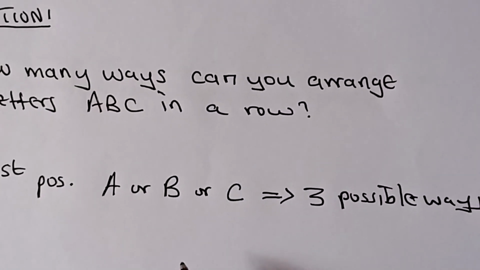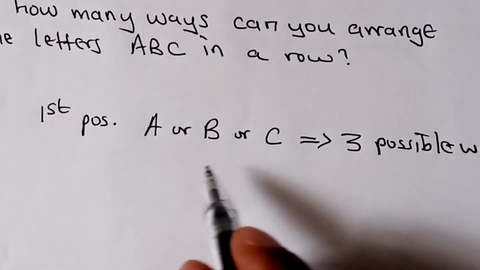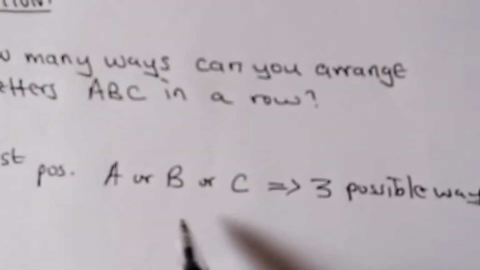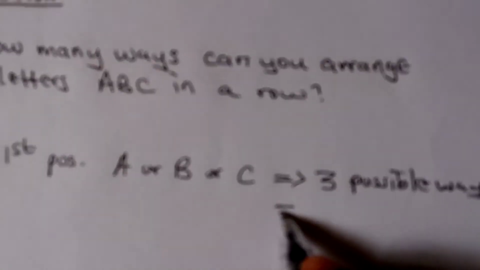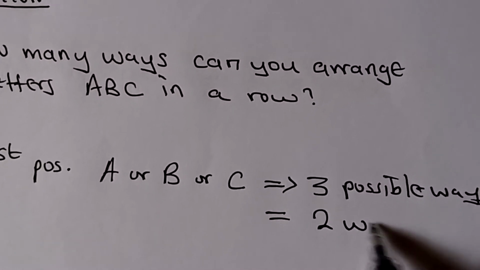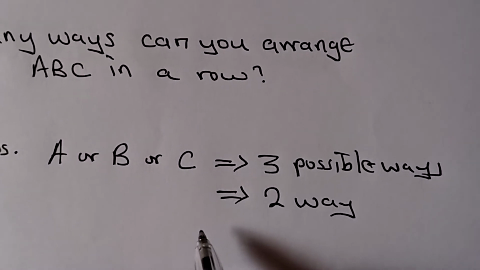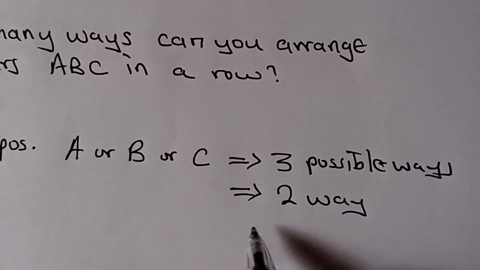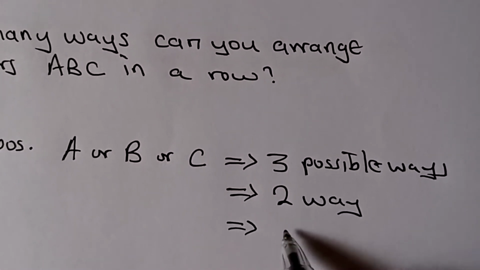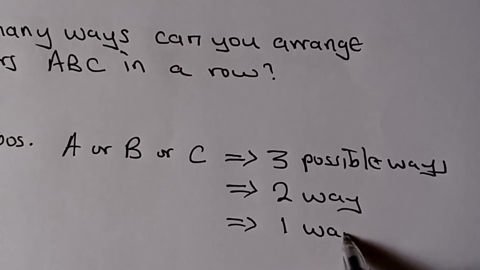Now the second position can be filled by either of the remaining two letters, which is equal to two possible ways. The third position can be filled by the remaining one letter, which will actually be only one way.